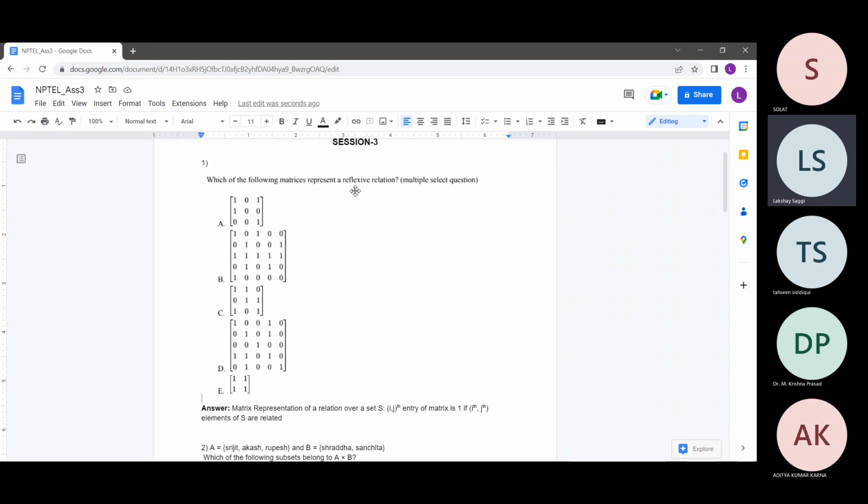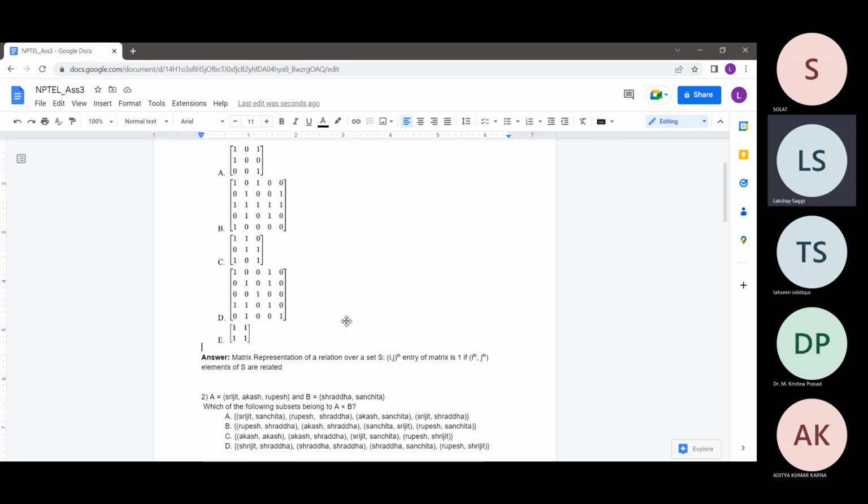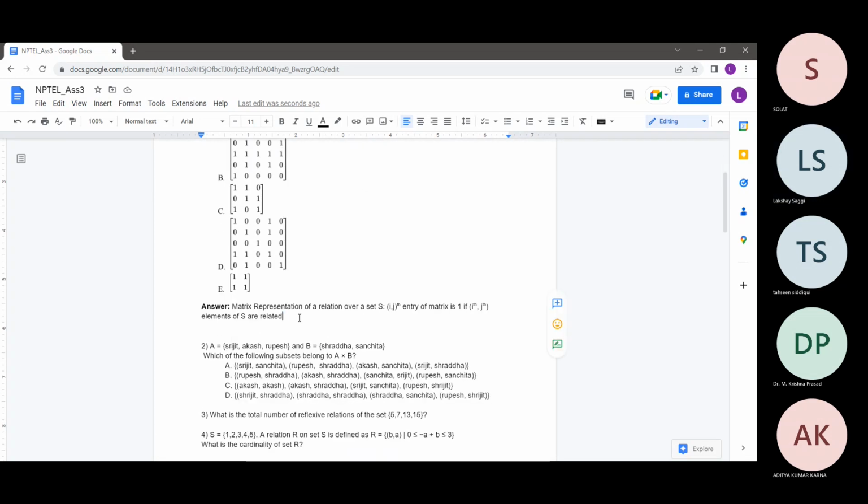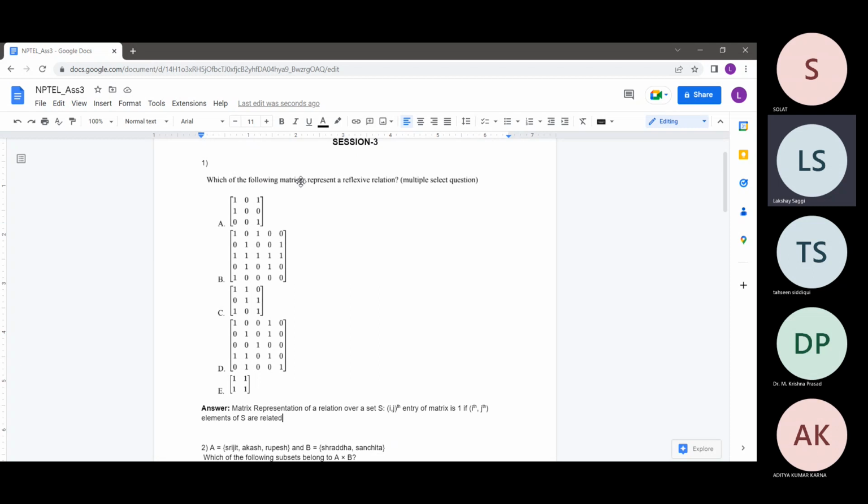You may find these problems trivial, but believe me, relations and equivalence relations, especially equivalence classes, are a very essential part of all of computer science. I would definitely recommend you pay attention to this sort of stuff. So the first question is related to matrix representation.